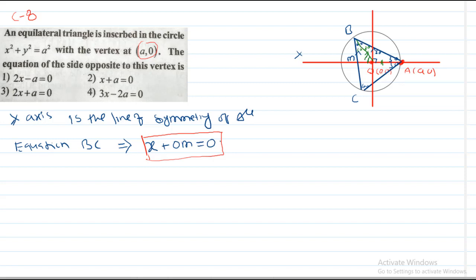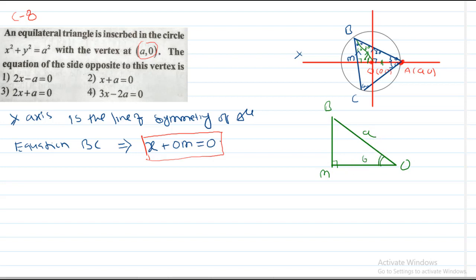This is 60, and already this is 90. So by using this right triangle BMO, this is nothing but the radius of the circle, that is a.